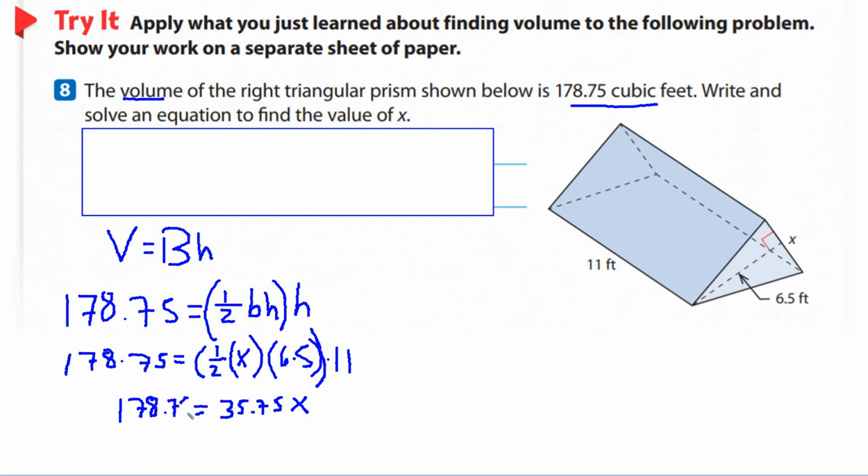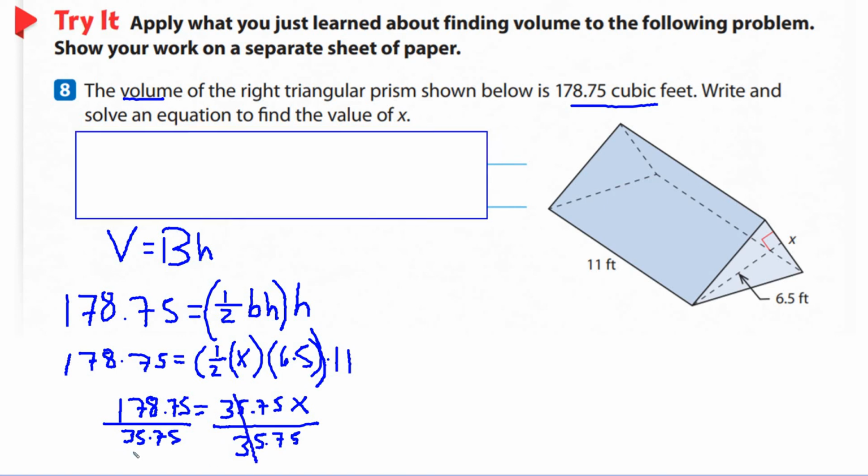35.75x equals 178.75. Now the inverse operation of multiplication is division, so I'm going to divide by 35.75 on one side of the equation, and I have to do the same thing to the other side of the equation. This side equals 1x, and 178.75 divided by 35.75 will equal 5.